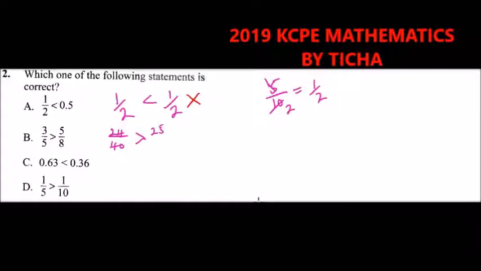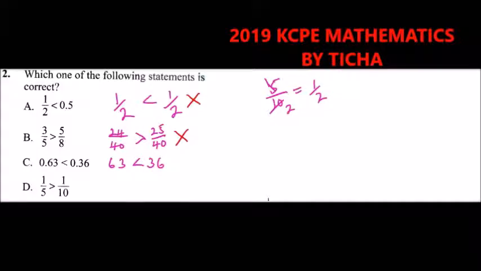So you have 25 over 40. You remember how you convert equivalent fractions. This you can multiply by 100. If you multiply 0.63 by 100, it will be 63, is less than 36. So you can see this statement 24 over 40 is not greater than 25 over 40.